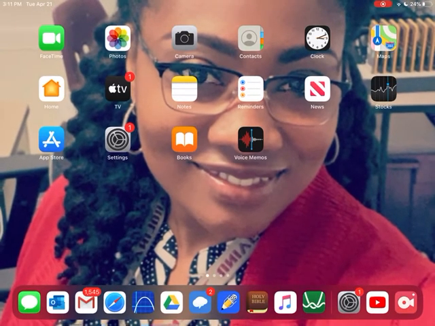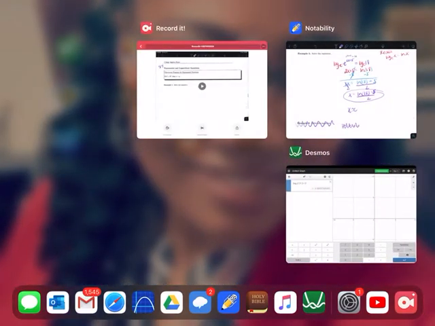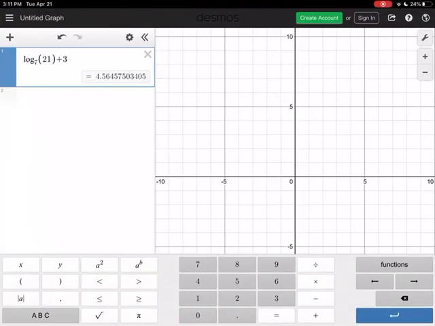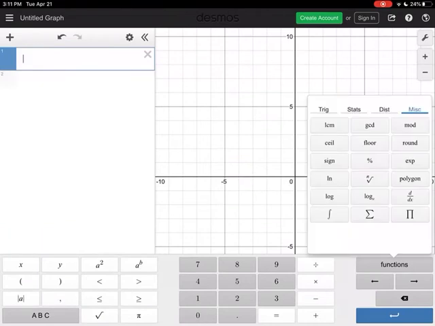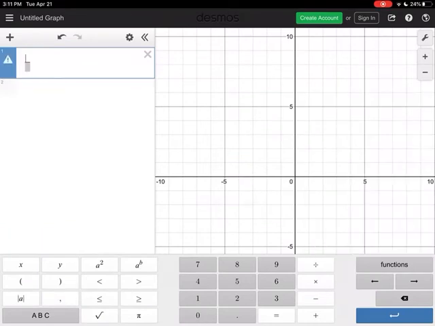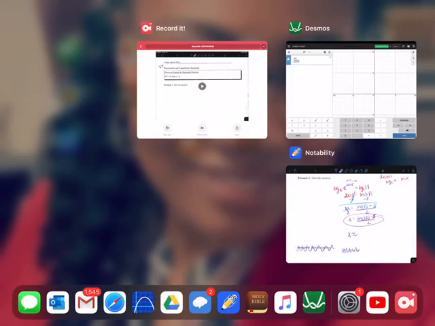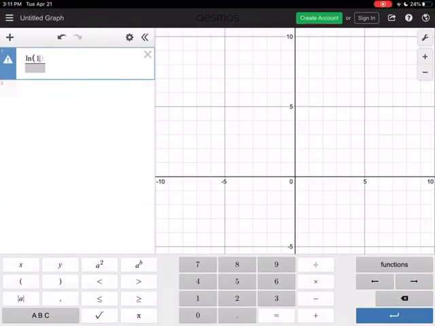So let's see, natural log of 18 minus 5 divided by 2. First of all, I need a fraction, so I'm going to hit the division button. Then I hit ln. Natural log of 18 minus 5, so 18, put a minus 5 behind it, and that whole fraction is divided by 2.